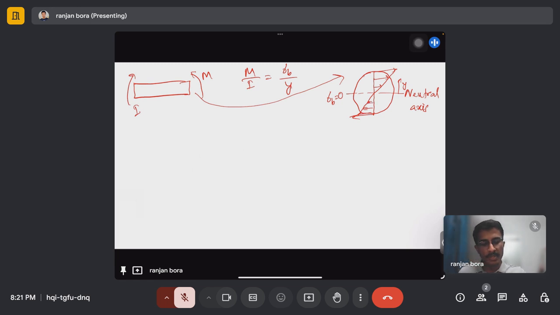This is the stress distribution. Sorry, this is the distribution for magnitude. The stress distribution we can see from here.